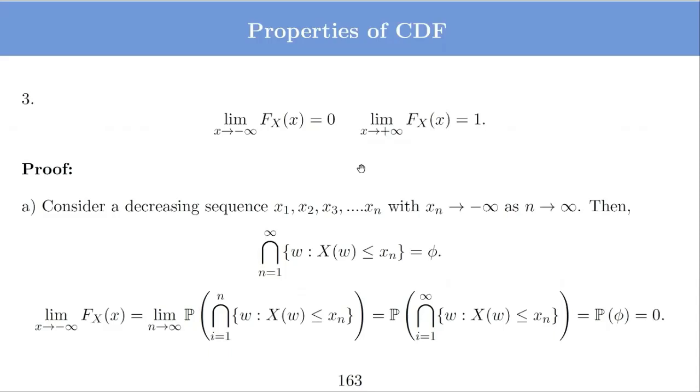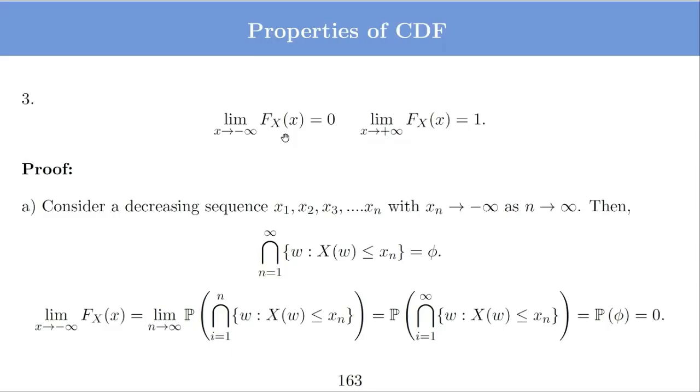So how do we prove this? First, let us understand what the statement means. Recall that F_X(x) is nothing but the probability of the pre-image of (minus infinity, x). So it's the probability that the outcome maps to a value less than x. Now if you keep on decreasing x, this number will keep on decreasing.